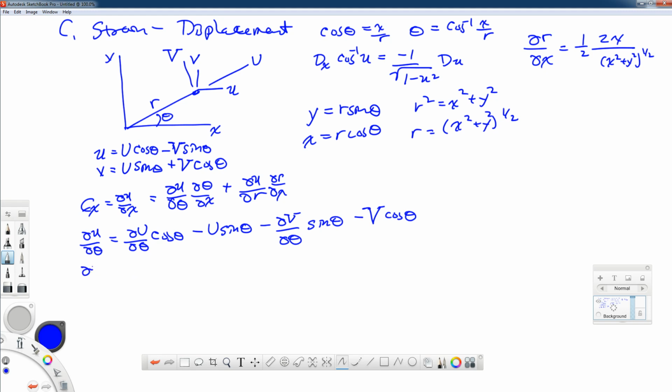Okay, the partial of u with respect to r is the partial of capital U with respect to r cosine theta. And then we're going to have a minus partial of capital V with respect to r sine theta, since the partial of cosine theta with respect to r is zero.